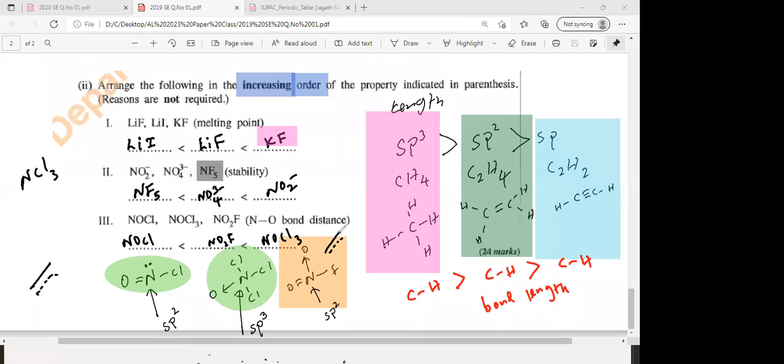Double bond distance is lower than this, and this one is less than the single bond. When there are more resonance structures, the bond length increases. That is the other factor here. So you get the hybrid resonance in the middle.